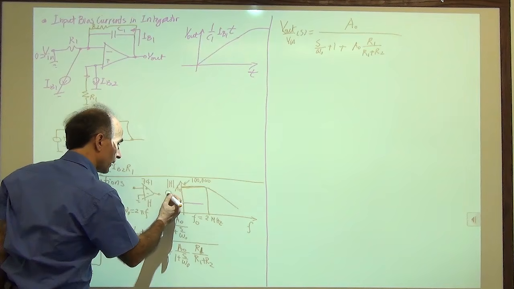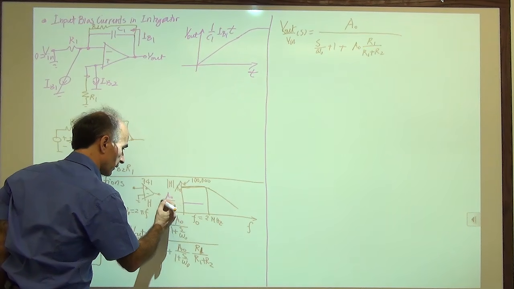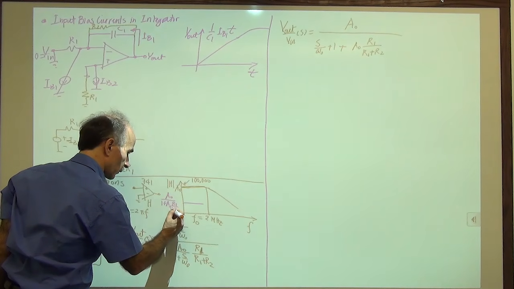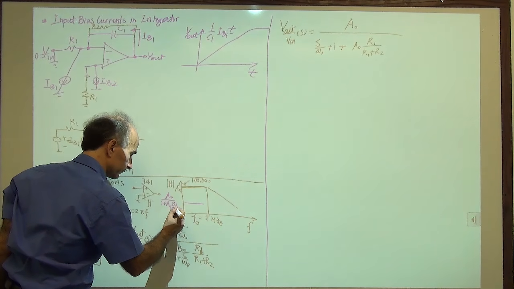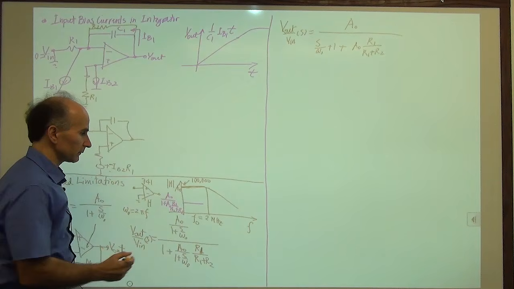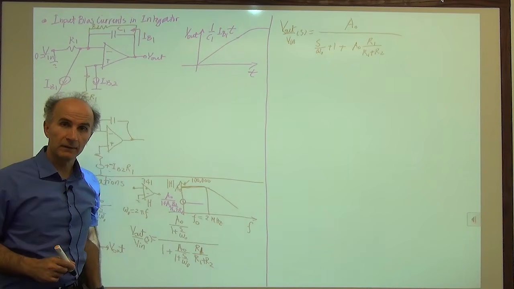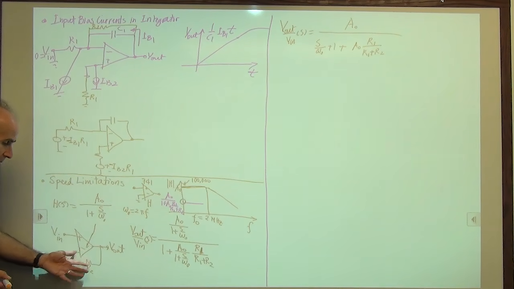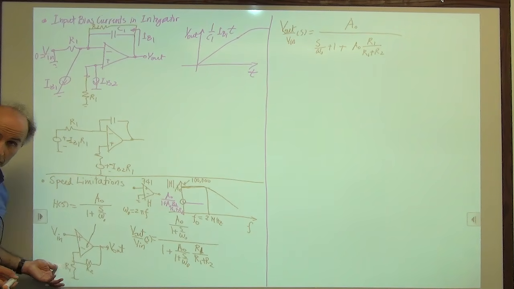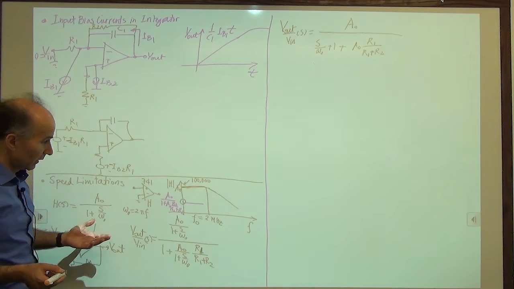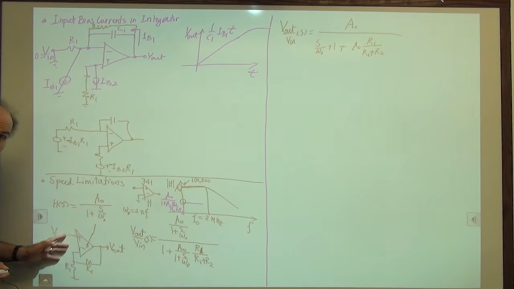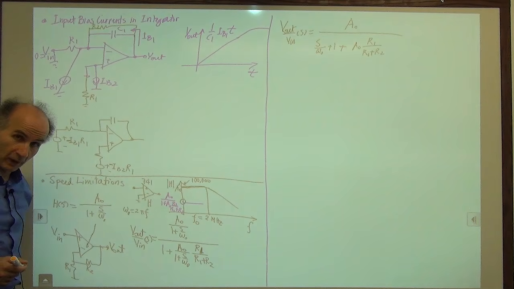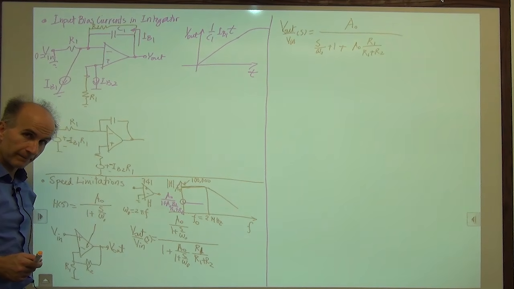The gain is now A0 over 1 plus A0, R1 over R1 plus R2. So that's the gain that we have. Obviously the gain is smaller. I'm building an amplifier with a moderate gain, a gain of 10 or 20 or something, not a gain of 100,000. So obviously the gain of this closed loop circuit at low frequencies is quite lower than the gain of the op-amp, the open loop gain of the op-amp itself.